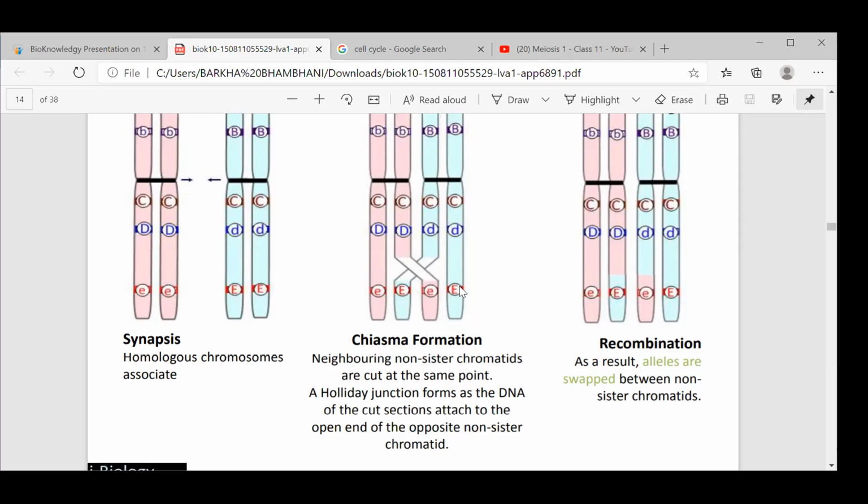Now, if you look at this, the capital E is showing a dominant character and the small e is showing recessive. Suppose the father has the dominant characters and the mother has the recessive one. Because of the crossing over, what happened? This particular chromosome has swapped alleles, so it has one dominant allele here, and this one has the recessive.